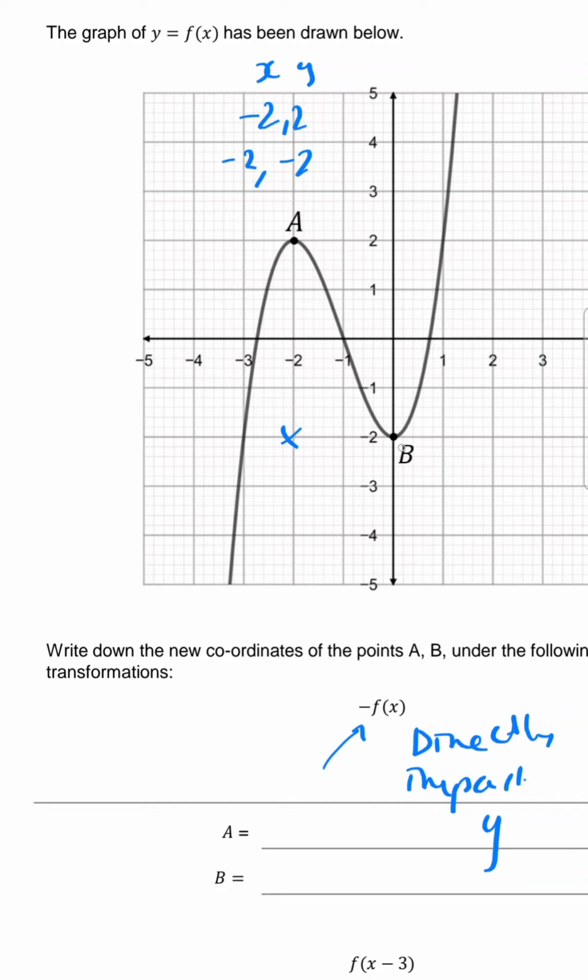And then the other one is 2, 0, 0, 2, so 0 minus 2 stays 0, 2, because it directly impacts y, and it's the opposite. So it's the opposite of minus 2. Minus 2 becomes 2. So that 0, 2.